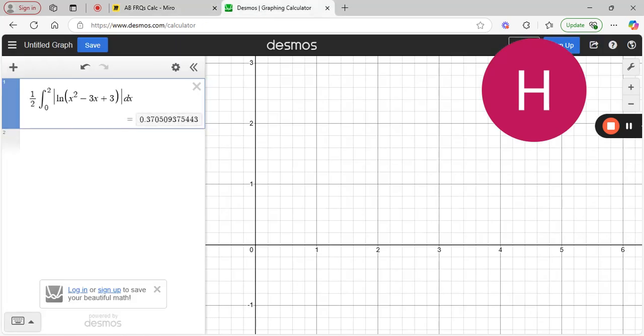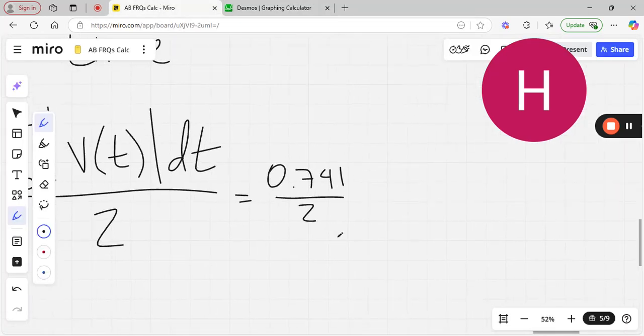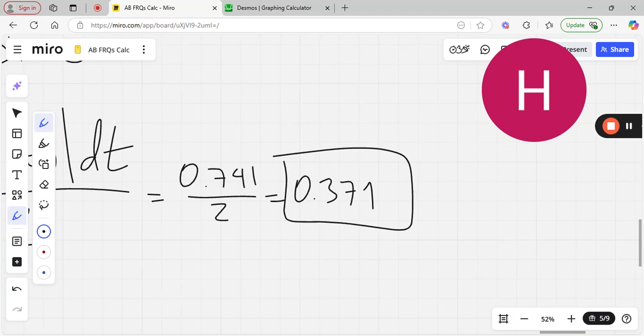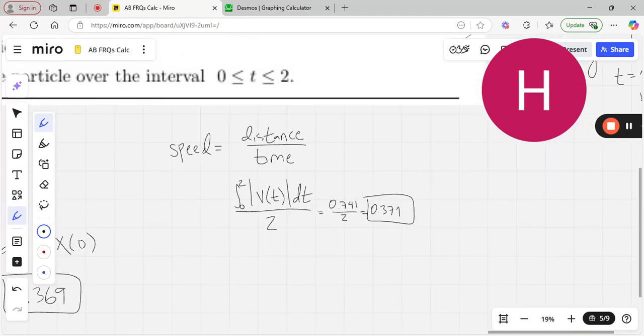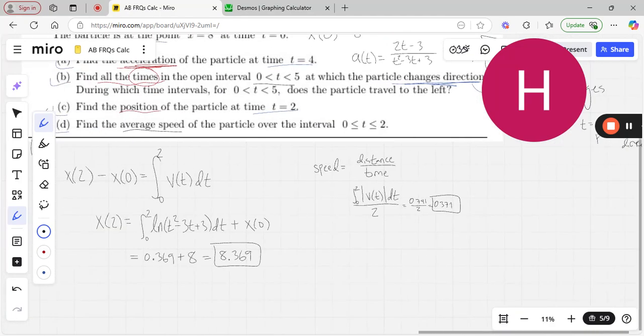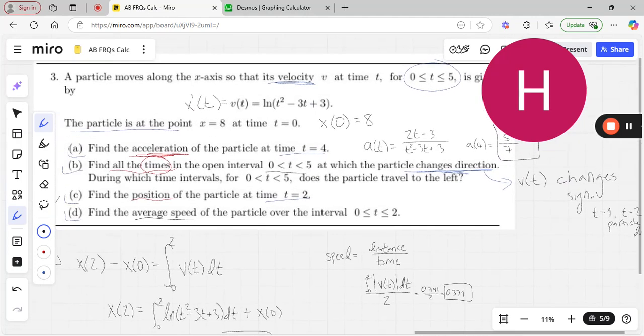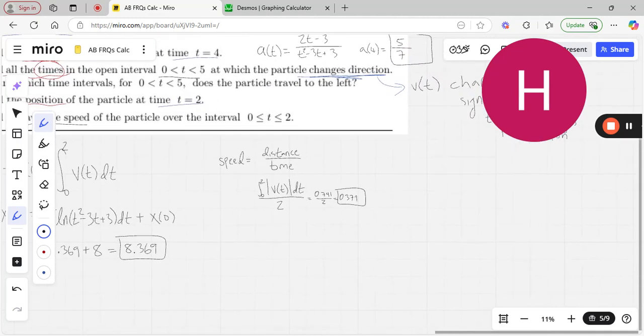It should just be 0.37. See, 0.371. All right, that is the average distance. Sorry, the average speed. Unit distance per unit time. They don't really give us units here, so that's not the emphasis.